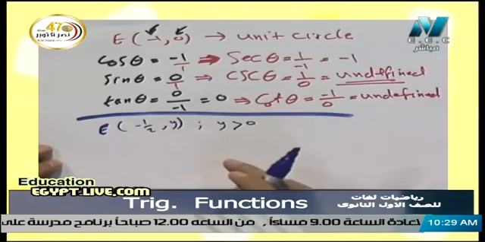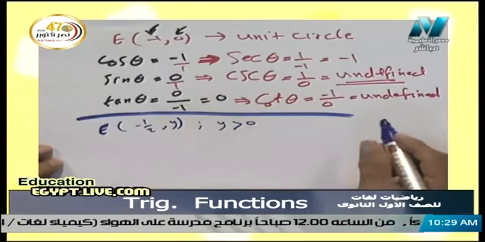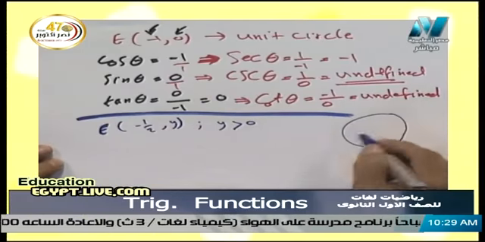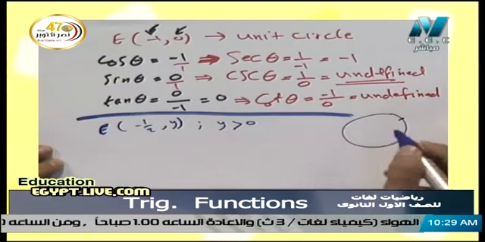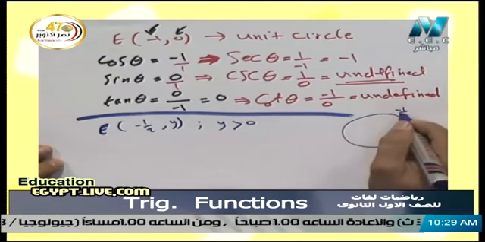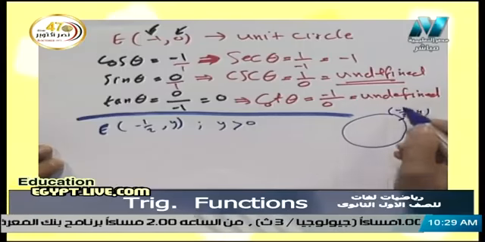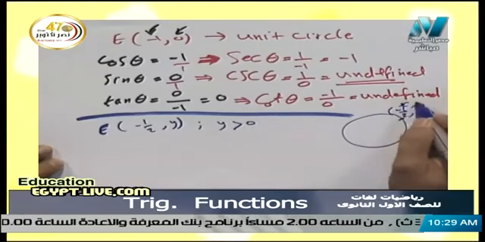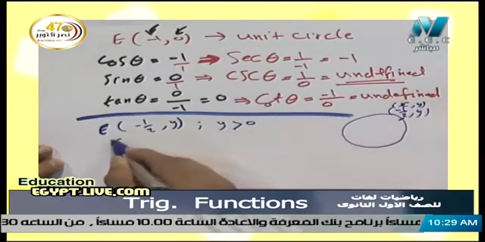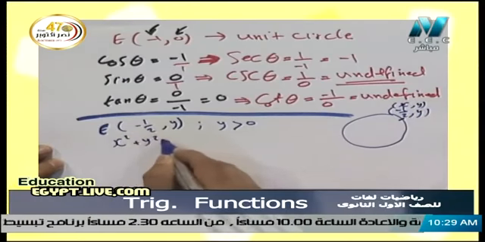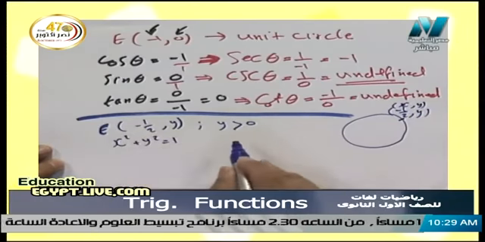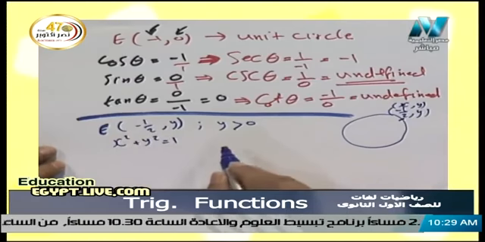But we know that if we have a unit circle and we have a point on it, as example negative half and y, we know that x power 2 plus y power 2 equals 1. This is the rule which we studied before.